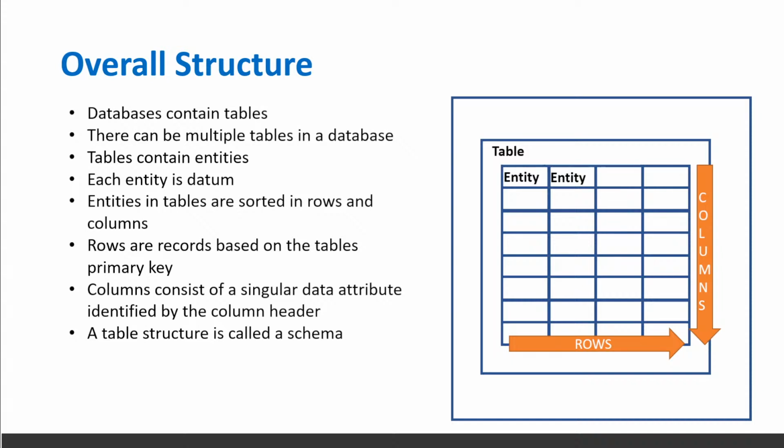And when we get into this table, we have rows and columns, just like we would in a singular spreadsheet. A row in a table we call a record. So our records are all the data for a particular key that's involved with that table.